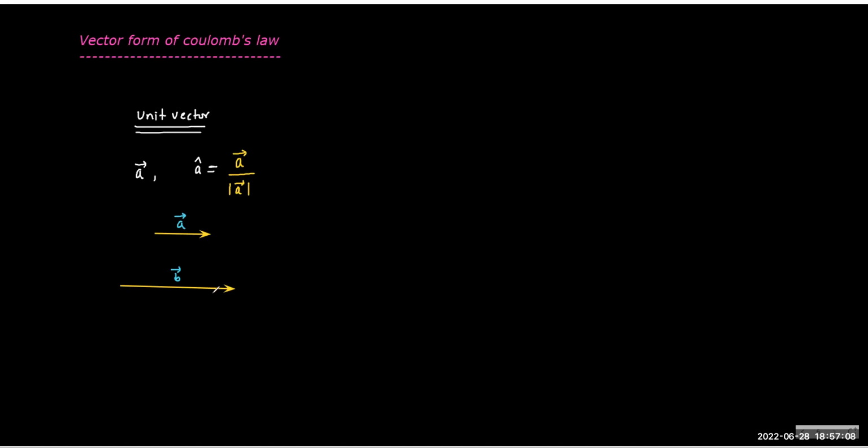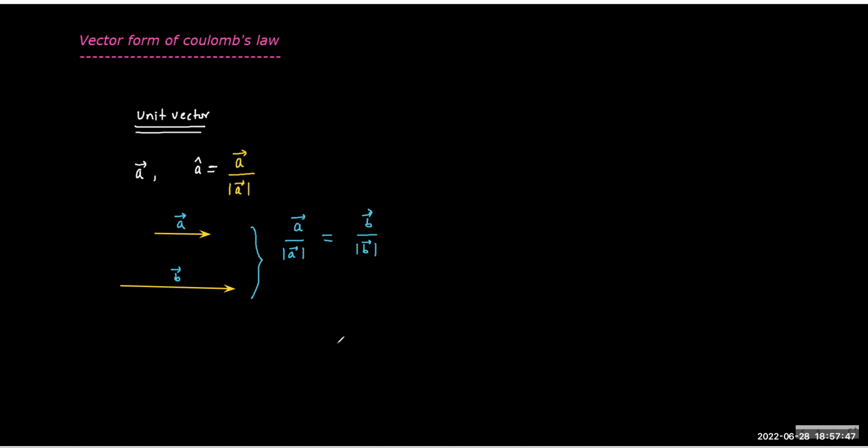But they have the same direction. So the directions of A and B are the same. Can we say the direction of A upon mod A will also be the same as the direction of B upon mod B? Yes. Dividing by a positive number cannot change the direction. If A and B have the same direction, then dividing by the mod will not affect the direction. They still have the same direction. But now they have become unit vectors, so they must be equal also.